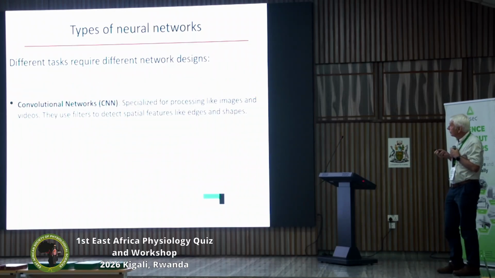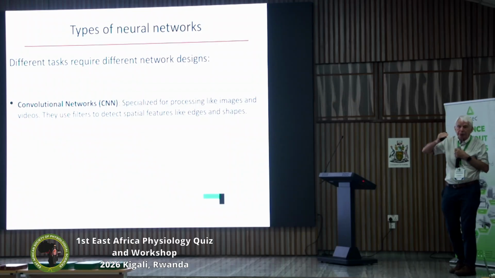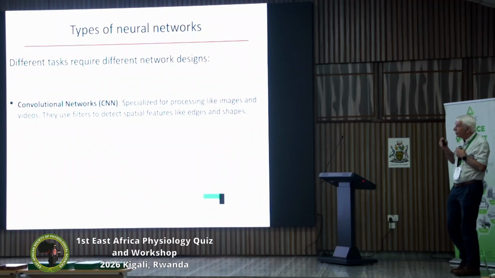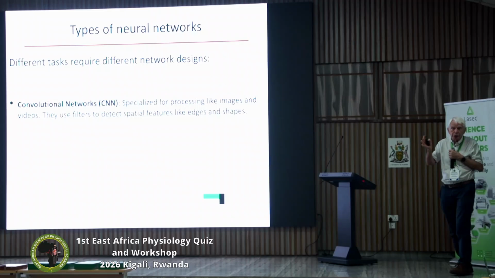The convolutional networks are specialized for processing images and videos. They use filters or contrast enhancement to find boundaries, etc. And they resemble the neurons in our brain.